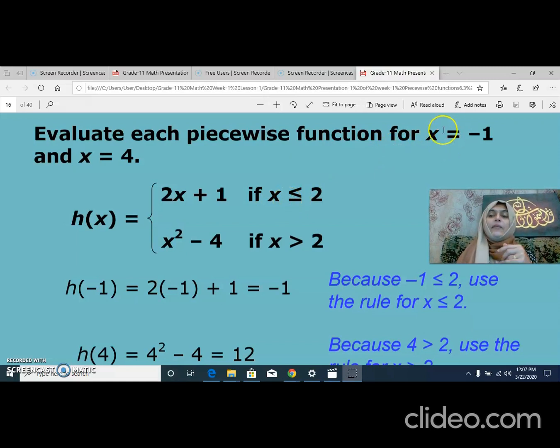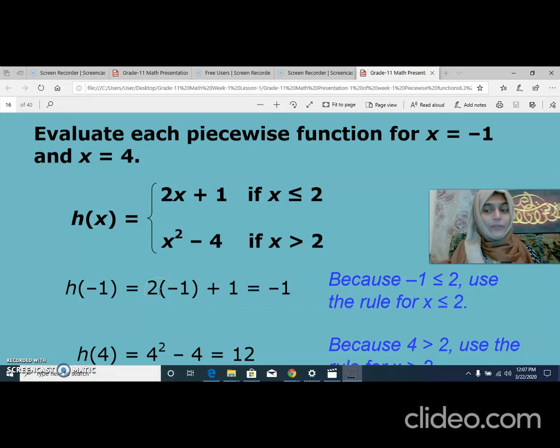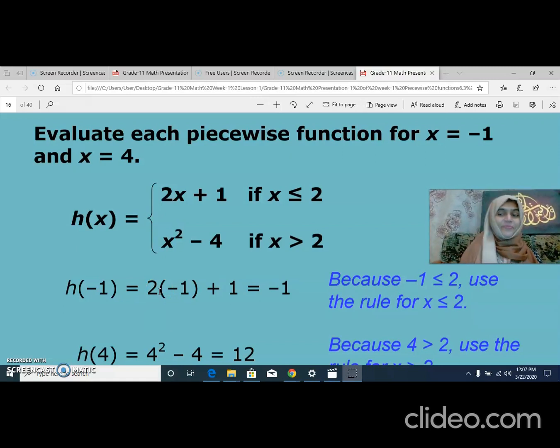When x is -1, is -1 less than 2 or greater than 2? Obviously, -1 is less than 2, so you need to choose this rule. We need to plug in -1 in the first rule because that's what it says.